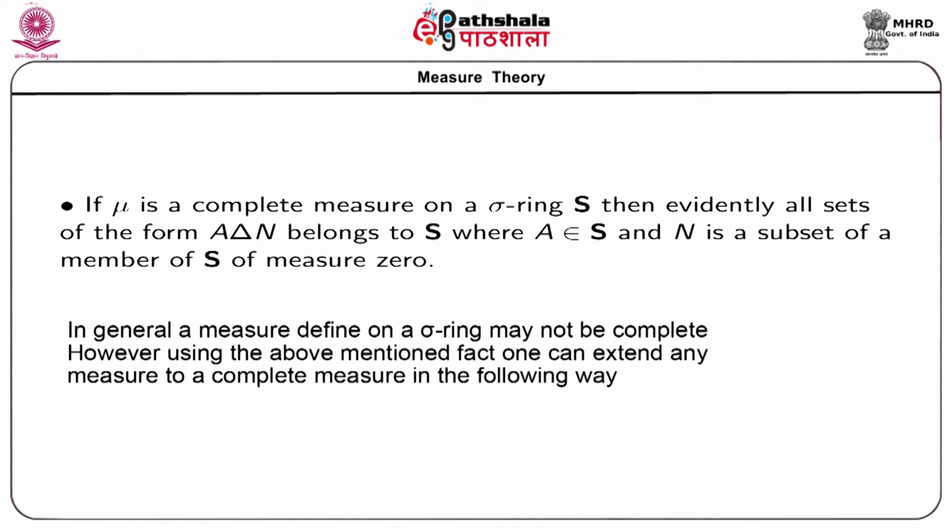So, as we have mentioned, in general a measure defined on an arbitrary sigma ring may not be complete, but using the above mentioned fact, we can actually extend any measure to a complete measure.